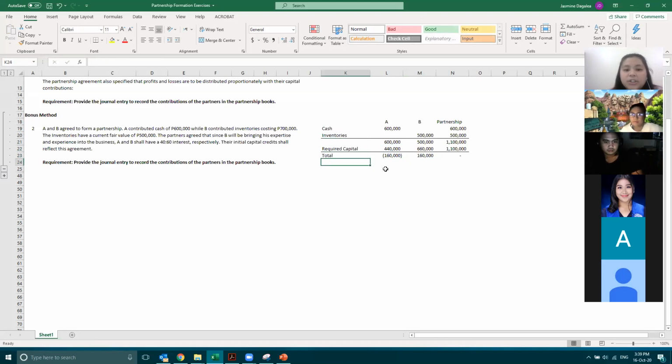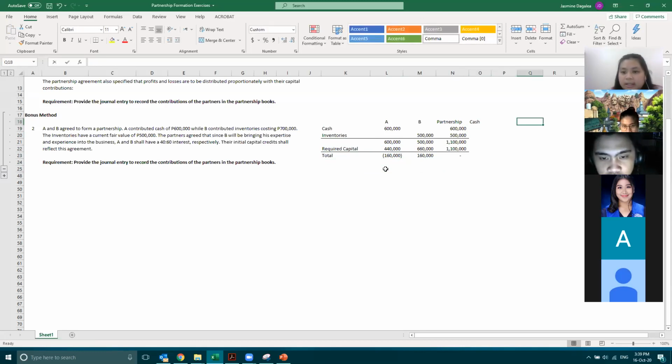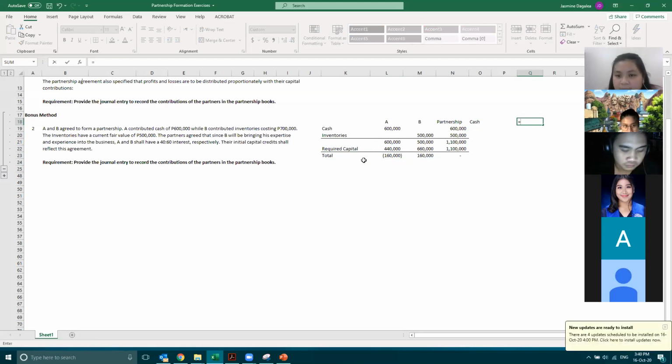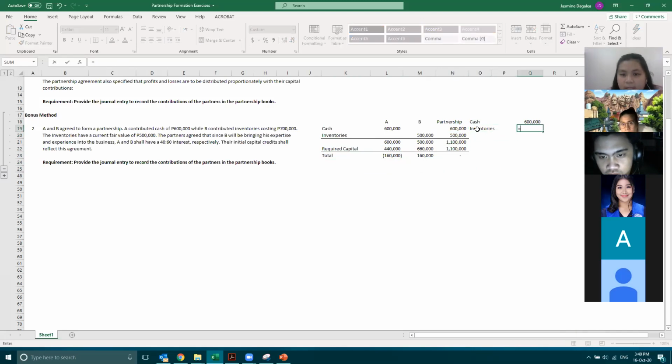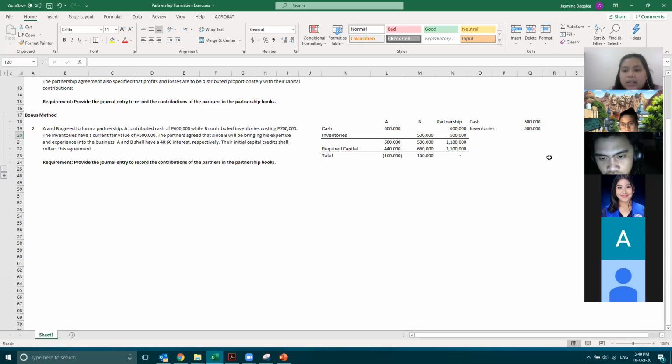Yan. So, ang journal entry nyo dito is, debit cash, how much? 600,000. Dito nyo siya kukunin. Ano pa yung debit? Inventories, 500,000. Dito nyo siya kukunin. Tapos, credit na tayo.